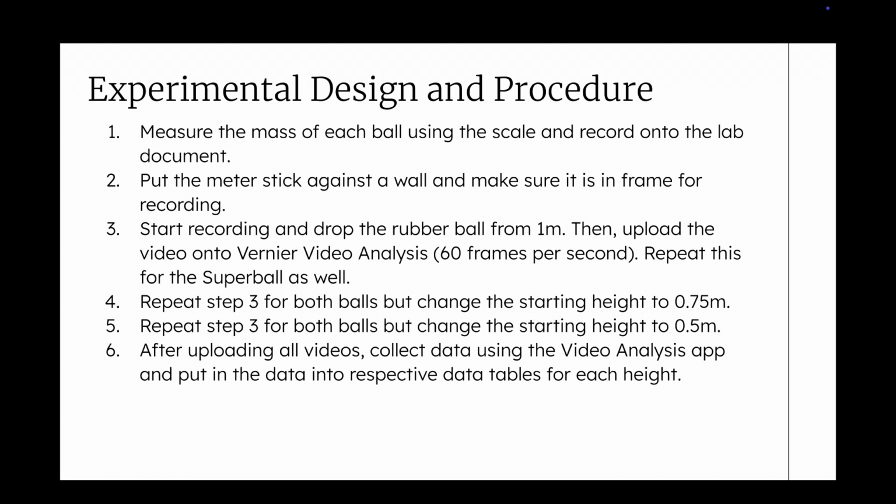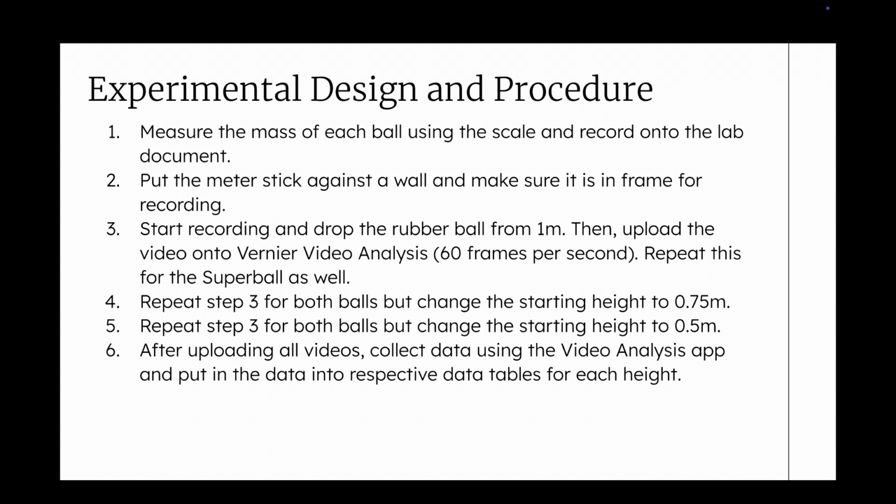Next, we started recording, and we dropped the first ball, which was the rubber ball, at a height of 1 meter. Then we uploaded this video into Vernier Analysis at 60 frames per second, and we started plotting the points of the position.